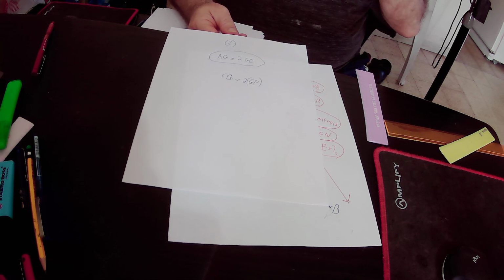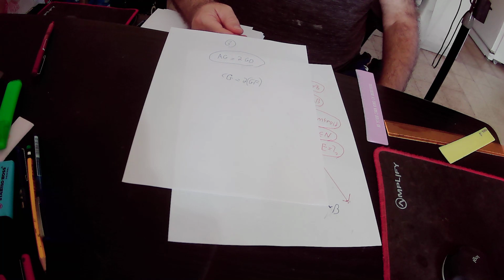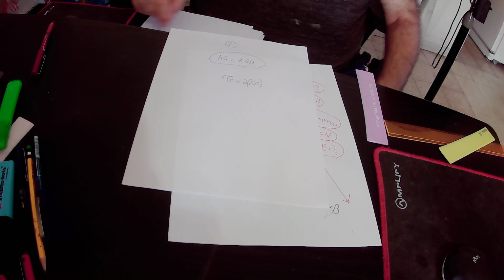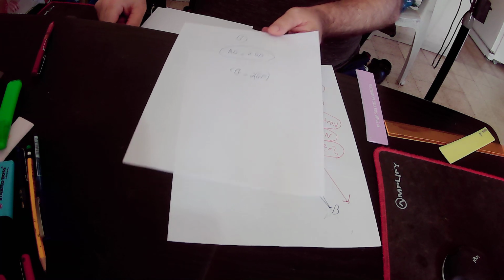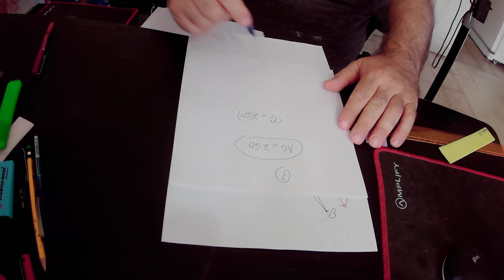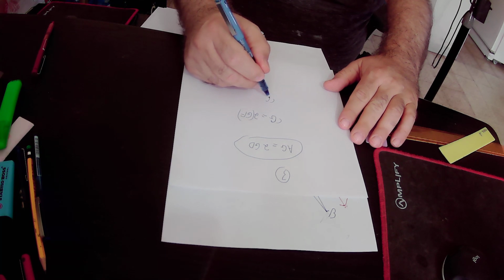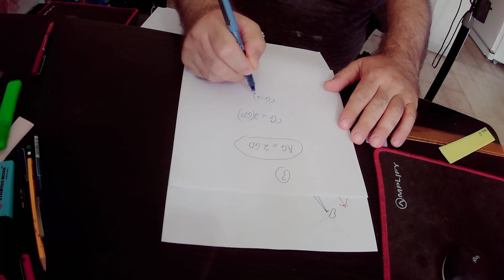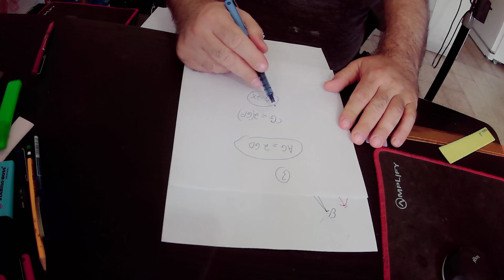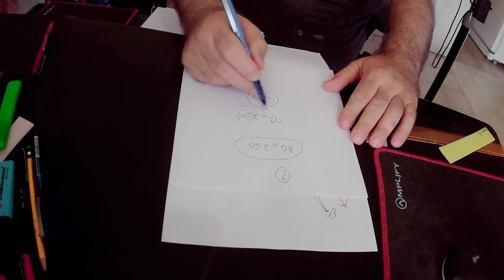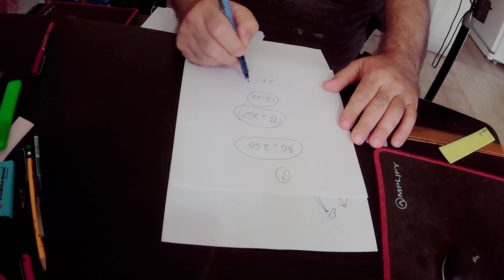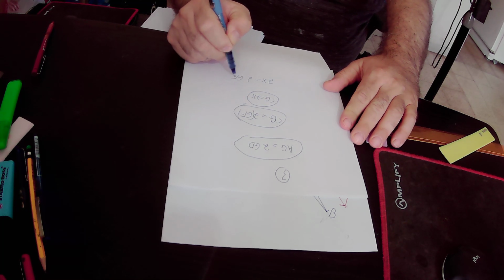And if we define CG as 2x, then we substitute CG in this equality by 2x, and we get 2x equals 2 times GF.